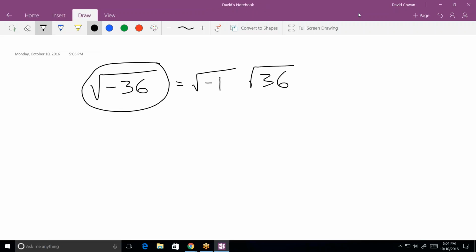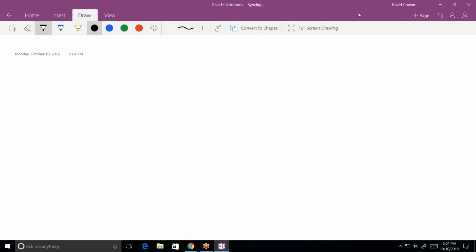That turns into 6. That turns into i. Switch the places. That's why you get 6i. All right. So sounds like you know how to do those. What did you just say right before you said solving by radicals?